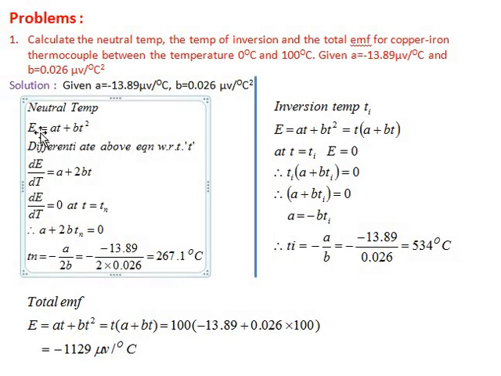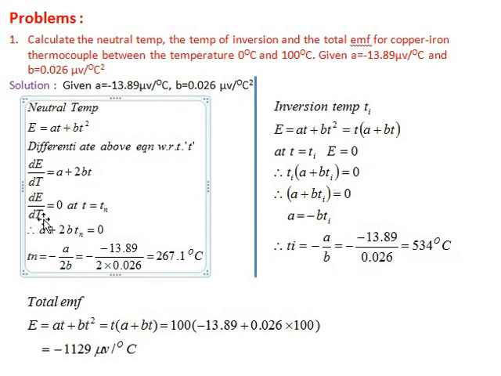So differentiate this equation with respect to temperature t: dE by dt is equal to a plus 2bt. Clear? Here it should be a small t.